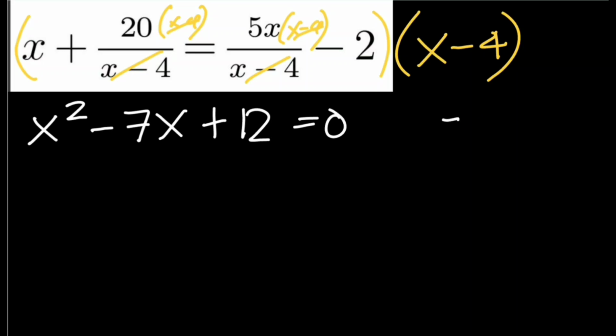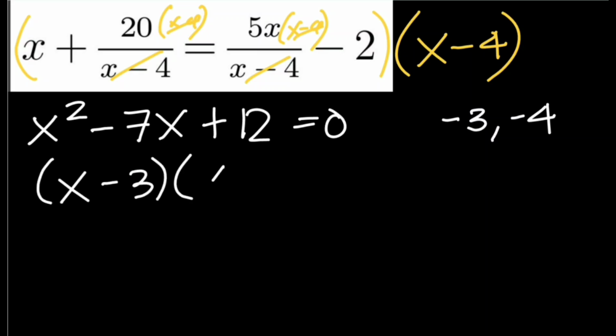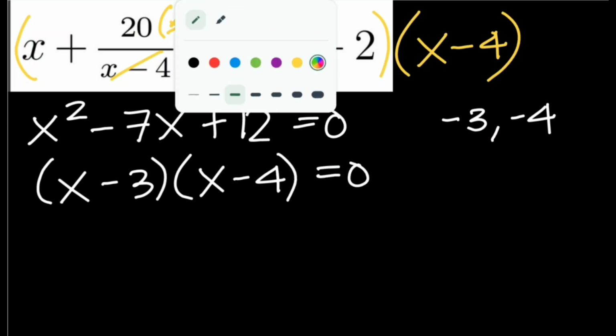So we can use negative 3 and negative 4. So we can write this as (x - 3)(x - 4) = 0.